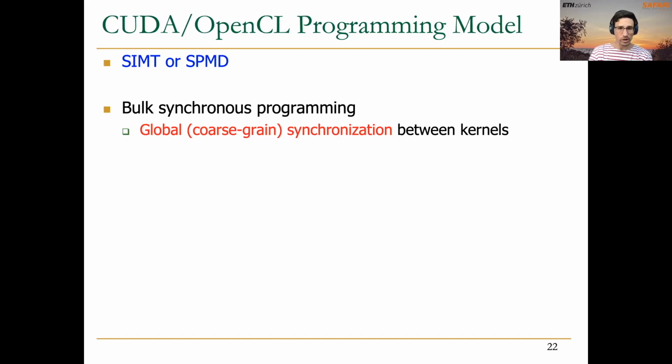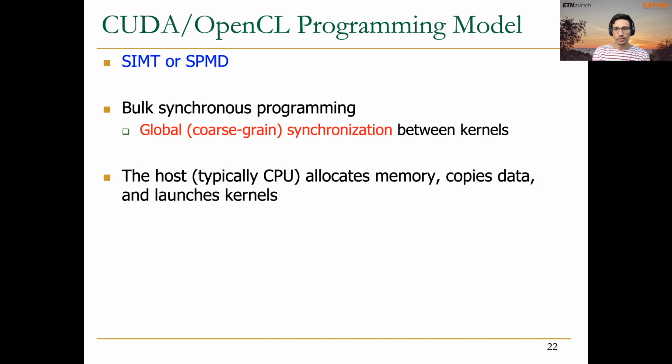If we have two different threads or two different blocks executing on our device, we cannot be certain about when these blocks are exactly going to be executed. The only thing that we can know for sure is that at the end of the kernel, when this coarse-grained synchronization happens, all thread blocks that have executed the kernel terminate, and at that point, we can assume that all the previous computation has been done.